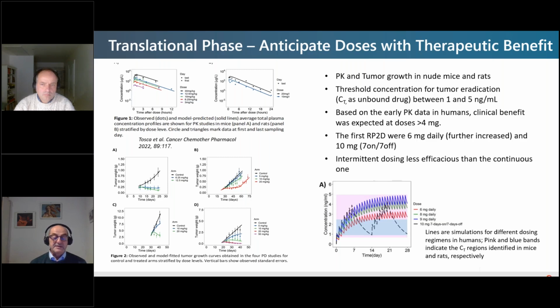An additional intermittent dosing regimen of 10 milligrams daily, given 7 days on and 7 days off, was also proposed by the clinicians. It is interesting to notice that all the modelers supported the continuous dosing over the intermittent one. And a posteriori, it was indeed possible to justify this position using a back-translational approach.